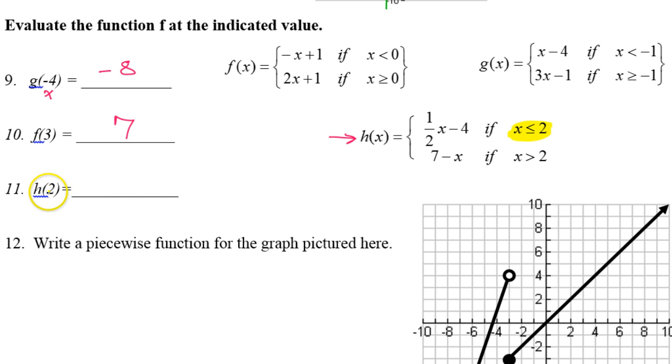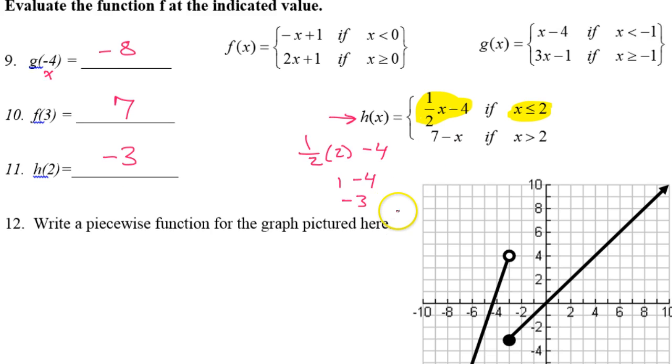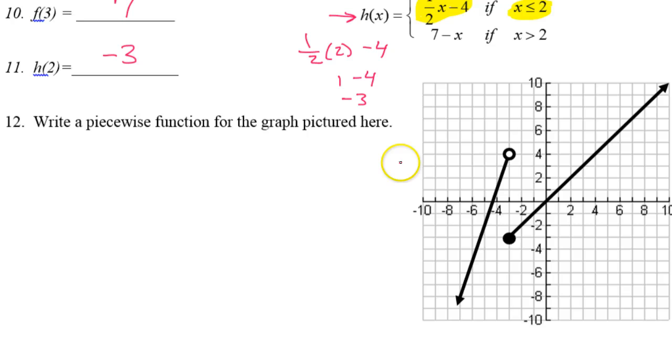And this x value is equal to 2, so we're going to use this top portion. That would be 1/2 times 2 minus 4. Half of 2 is 1, and 1 minus 4 is negative 3. So that should be negative 3. All right, so that's how you evaluate.